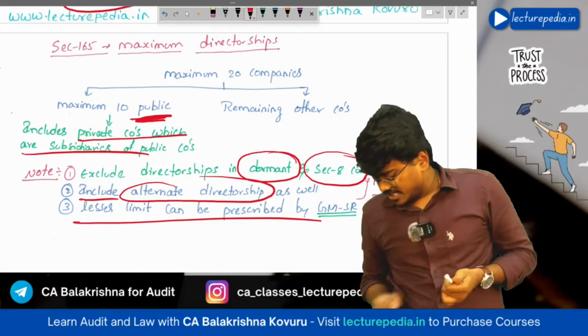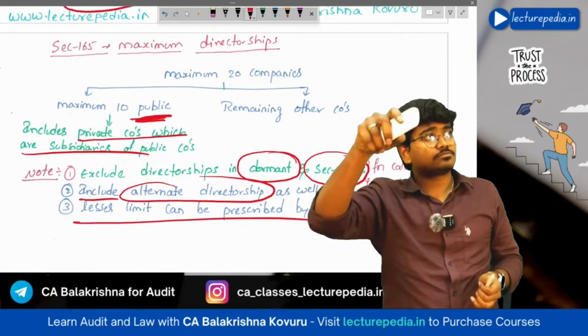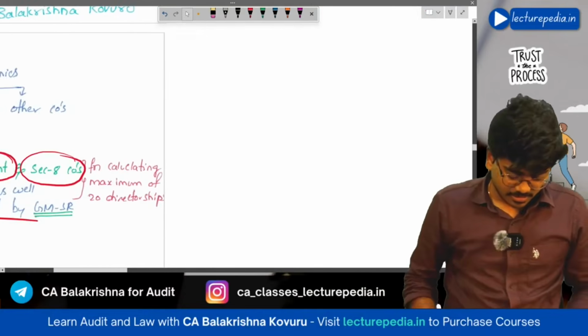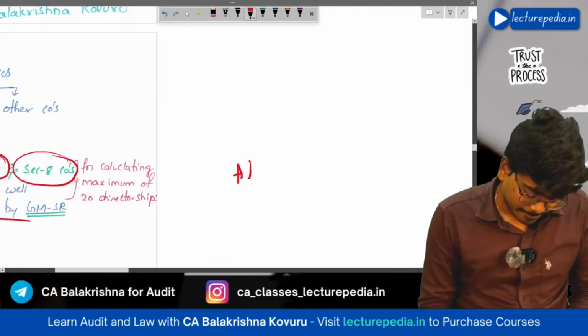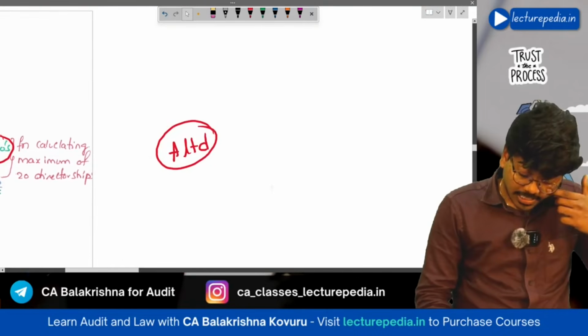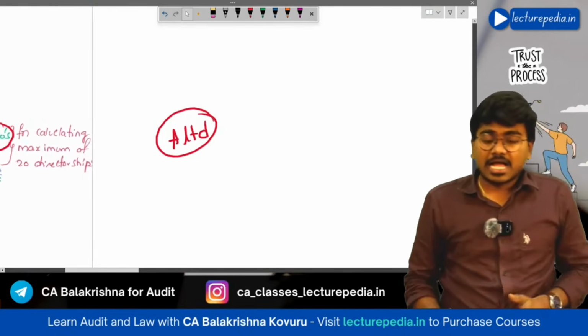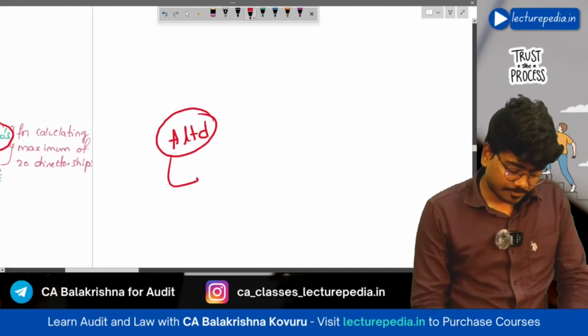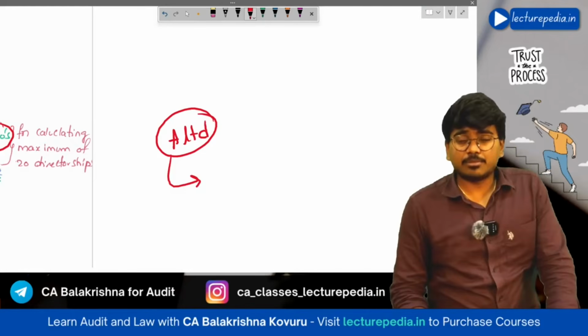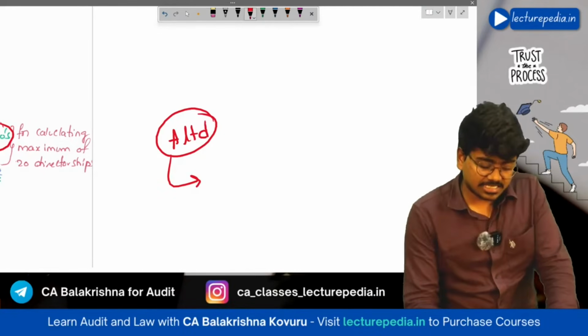Let's say if any company, there is a limited, a limited in its articles, it has reduced the maximum number of directorships of its directors as 10 only.